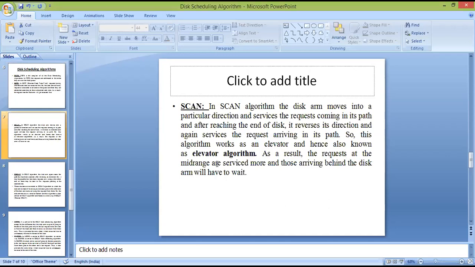That means the disk is moving. The pointer first starts from a specific position and moves either inward or outward.